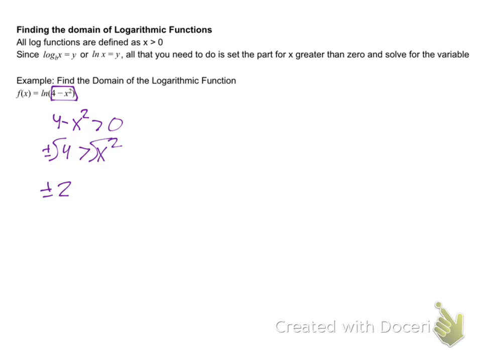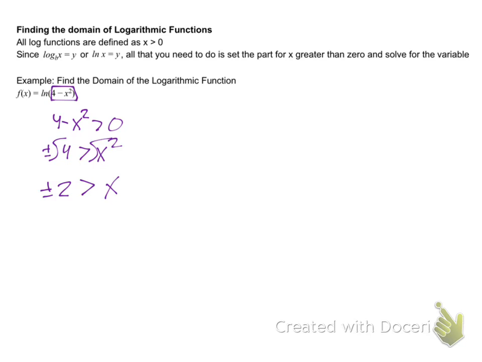But wait a minute, I got this greater than symbol. Something about this doesn't seem right. What's going on here? Flip it. Why do I flip it? When do we flip the inequality symbols? When multiplying or dividing by a negative. So I don't think we have to flip.